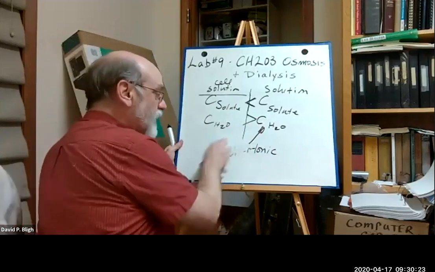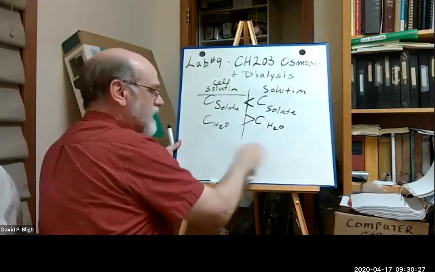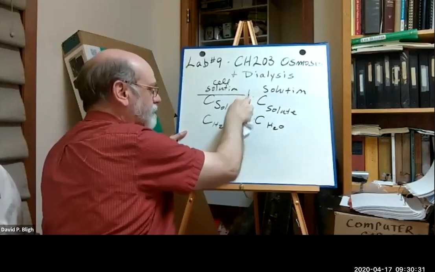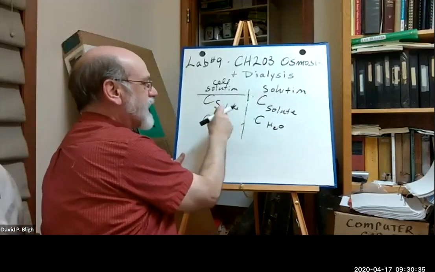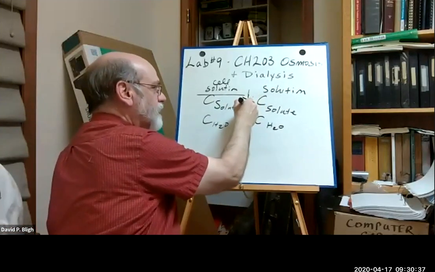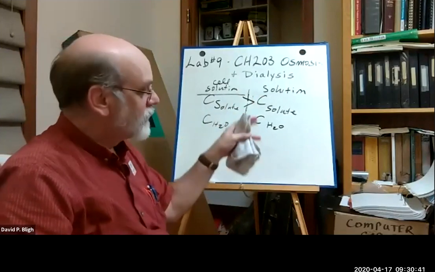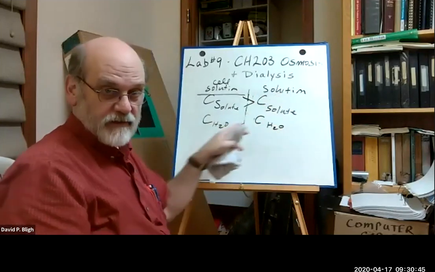The other possibility, we've talked about isotonic, hypertonic. Now, if the concentration of solute inside the cell is greater than the concentration outside the cell, we say that this solution is hypotonic.